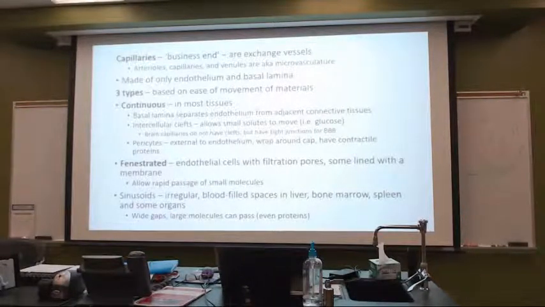So, at the capillary end, we're going to find in this area arterioles, very tiny arteries. All right, that's what they're letting us know. We're going to find our capillaries, this capillary bed, and then venules, very tiny veins. This is what we call microvasculature. Have you ever heard of that?